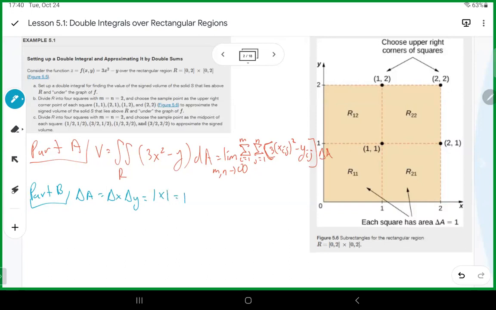So also, we know our sample points. These are our sample points. I'm not going to waste the space writing them. So because of that, we then would have volume equal to the summation.